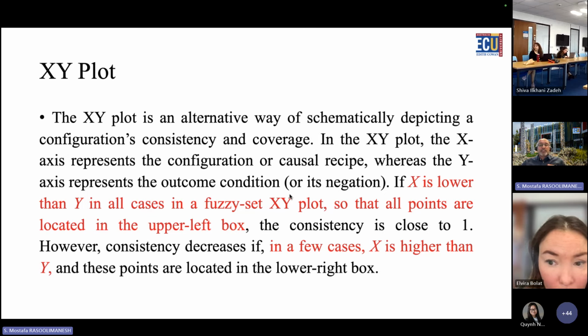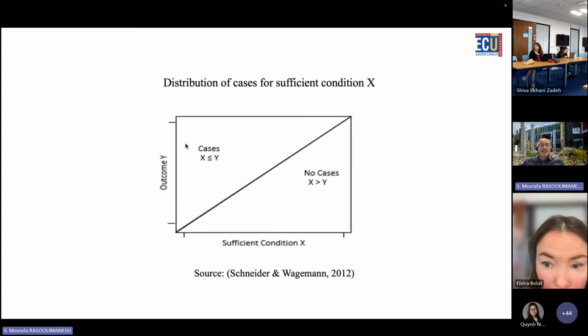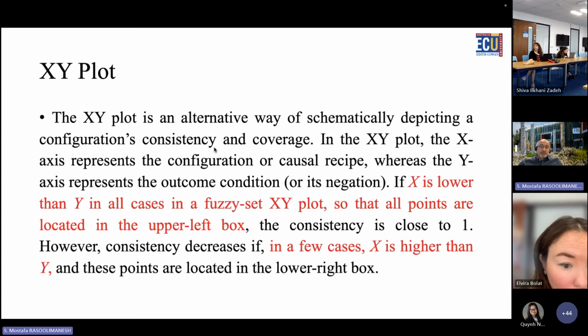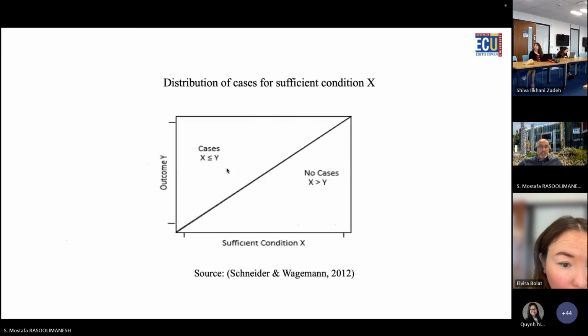In an XY plot, one axis is X and the other axis is Y. Based on the formula of consistency and coverage, if all cases are in the upper left side, our consistency will be close to 1.